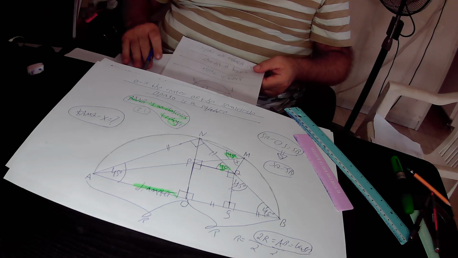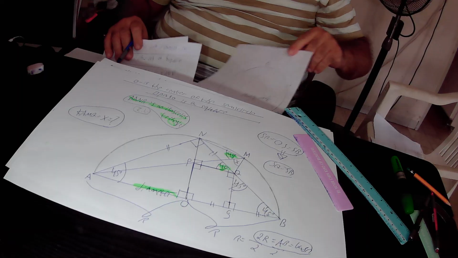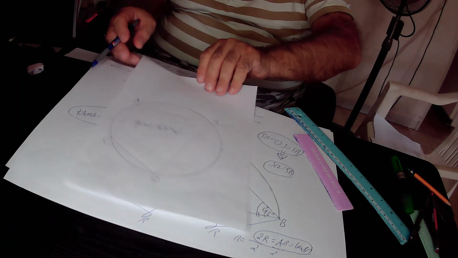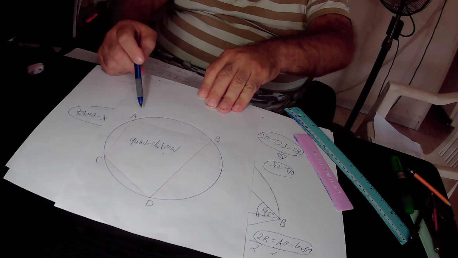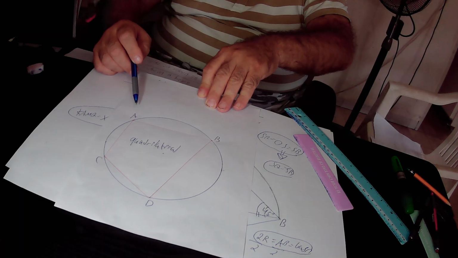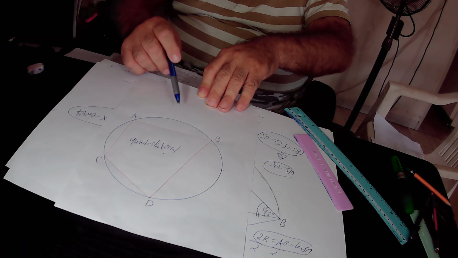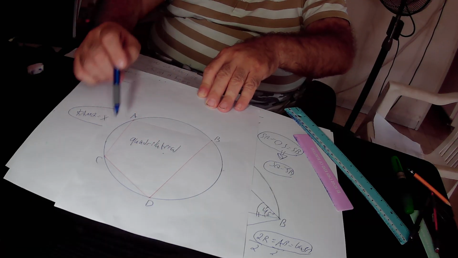But what is the meaning of this sentence, that a quadrilateral is inscribed by a circle? This is the red quadrilateral ABCD. The red quadrilateral ABCD is inscribed by this circle. Why? Because all of its four vertices lie on the circle.